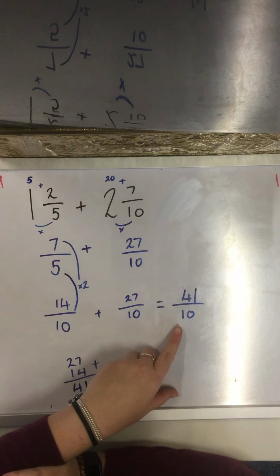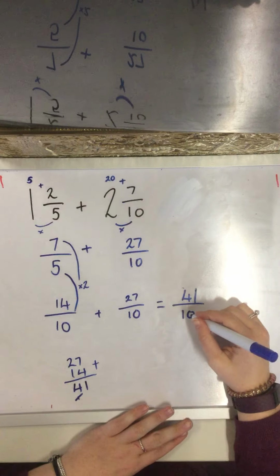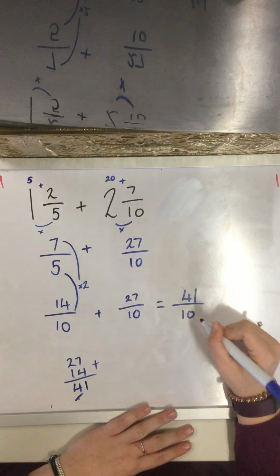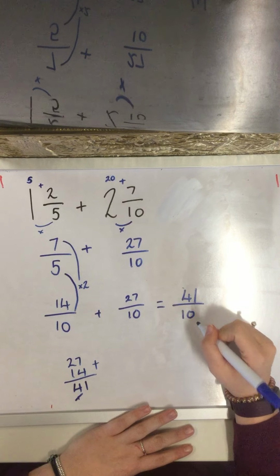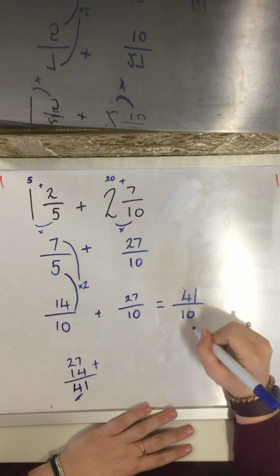So I have to do some conversion now, just like we did last week. Luckily for us, 10 is a really nice number. We know our multiples of 10. You can jot these out anyway. 10, 20, 30, 40, 50, and so on.